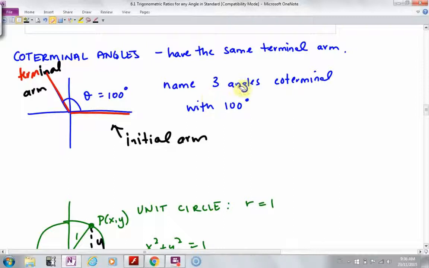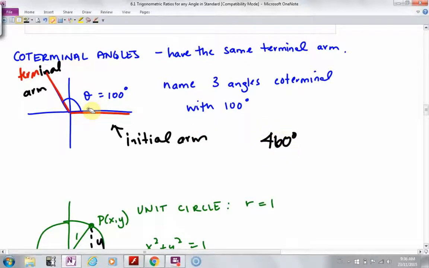Okay? Now, if we want three angles that are coterminal with 100 degrees, we want angles that share that same terminal arm. So they're always going to start on the positive x-axis. Can anyone tell me, a guess, another angle that ends right there? You've got 100 degrees is one, and so I need another angle that would end there as well. 460, and how did you get that?